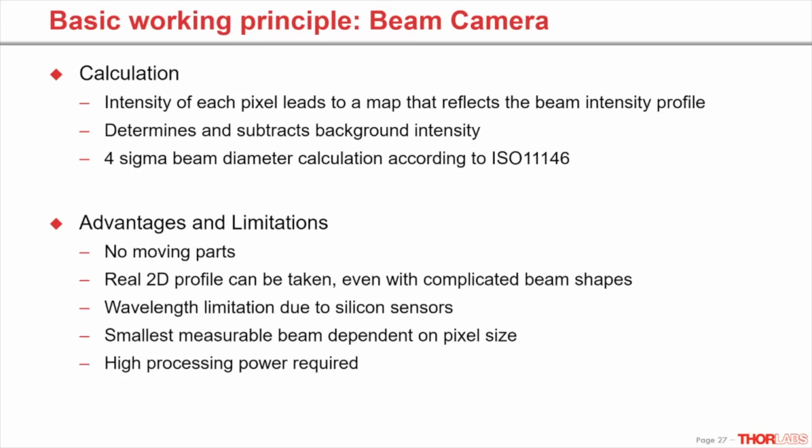The last point to mention is the higher computing power required, on the one hand with the camera itself, the FPGA processing, and on the other hand for evaluating the data on the computer, because you have much more data that need to be handled.